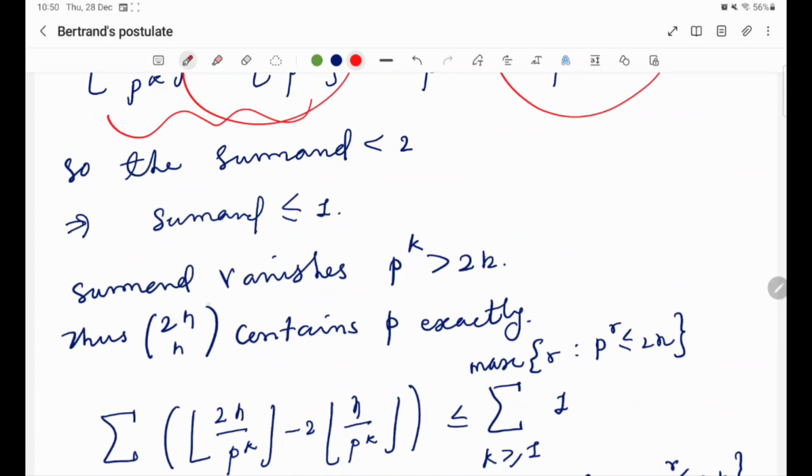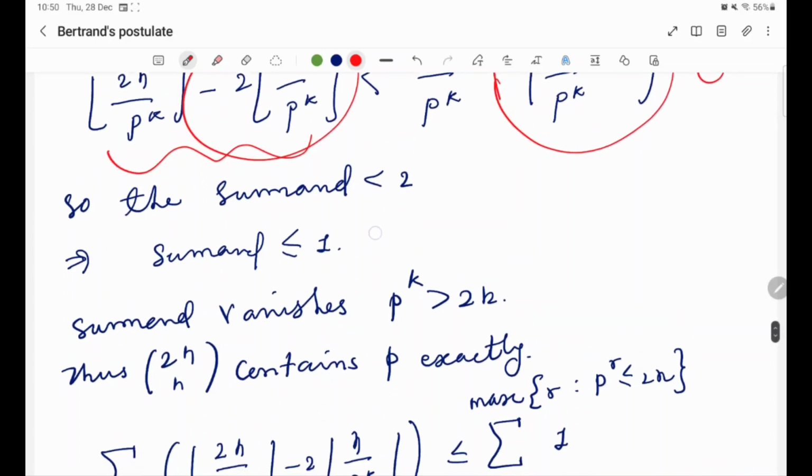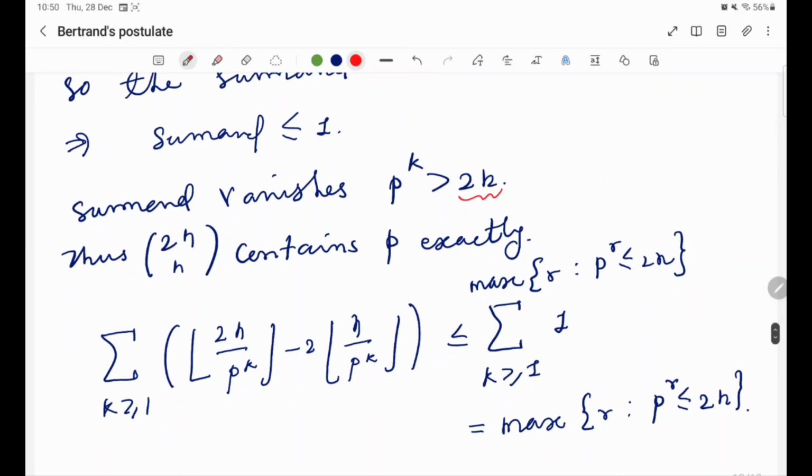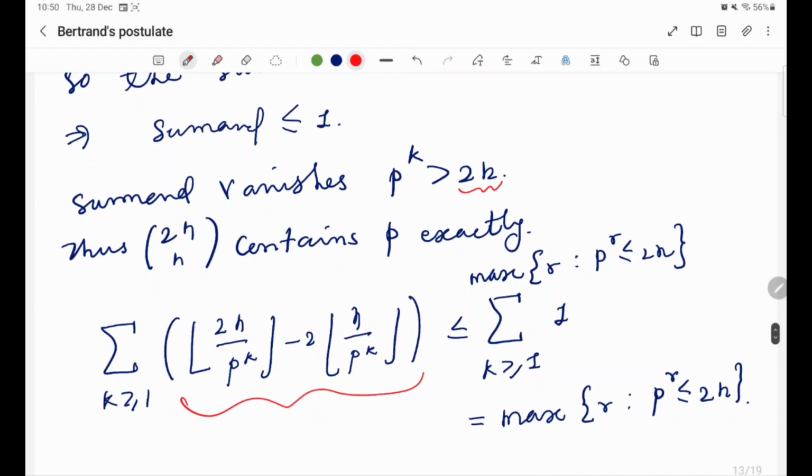Also we know that when p raised to k is greater than 2n, definitely the summand vanishes, right? So we can say that this number is at most 1. If I replace this with 1, what I get is the summation over k greater than or equal to 1, right?